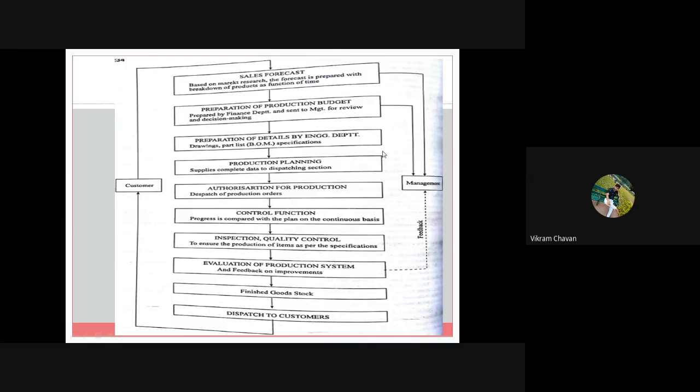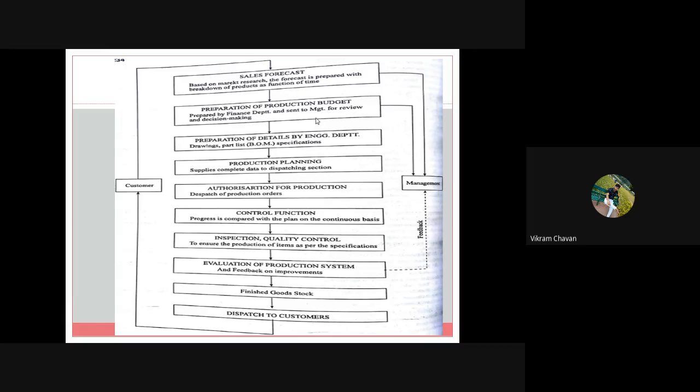Then the next step is preparation of a budget. This activity will be carried out by the financial department. A detailed budget will be prepared by the financial department, and this budget will be provided to the production department for consultation, to check whether this budget is proper or not.